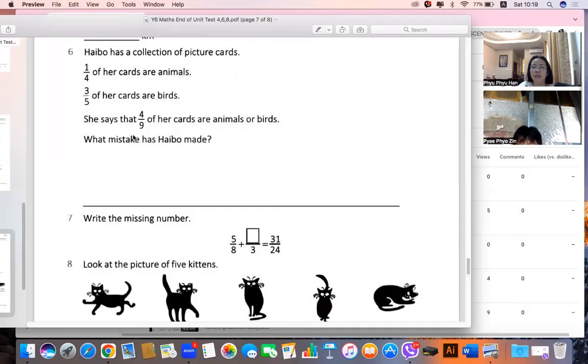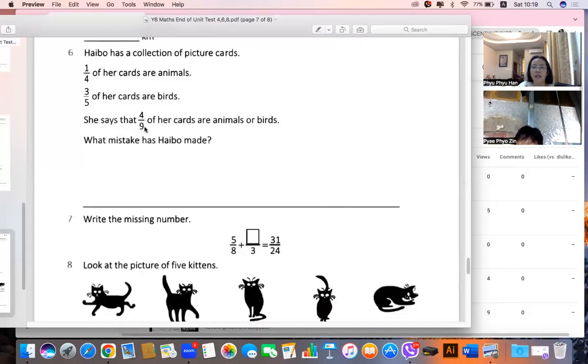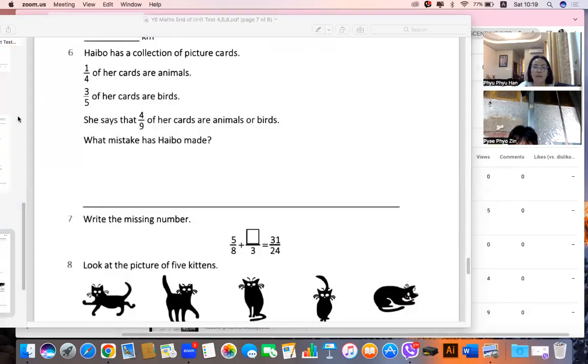She says that 4/9 of her cards are animals or birds. So she said like this, 4/9 of her cards are animals or birds. Okay, so what mistake has Hebo made?